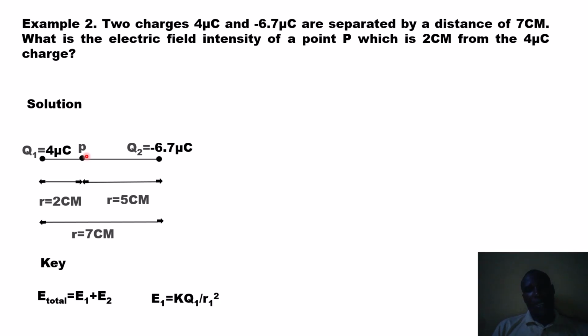Now, E1 is equal to the formula. We all know this formula. Why we put the subscript 1 is for you to understand that we are dealing with this first charge. So don't be confused when we talk about the 1s.